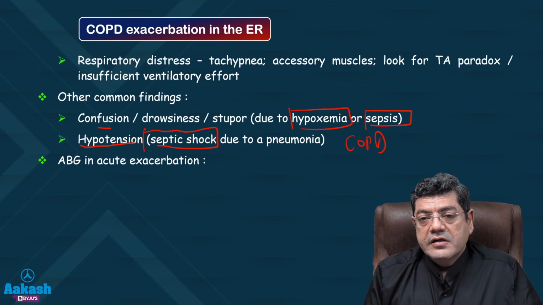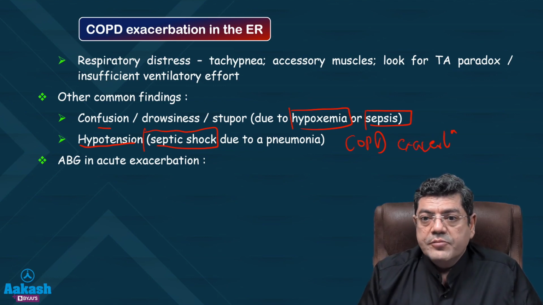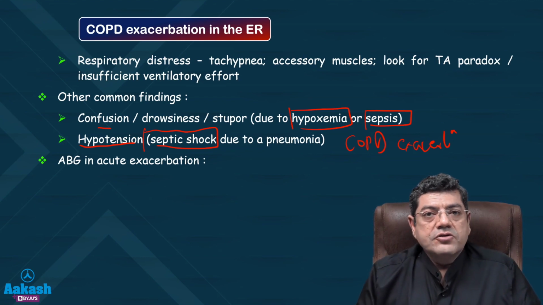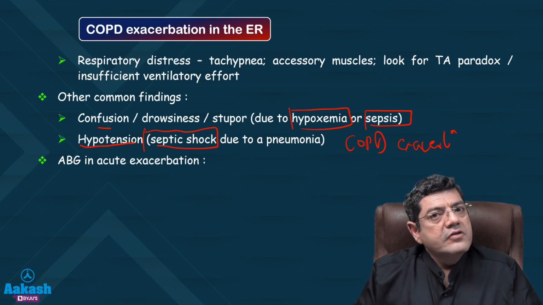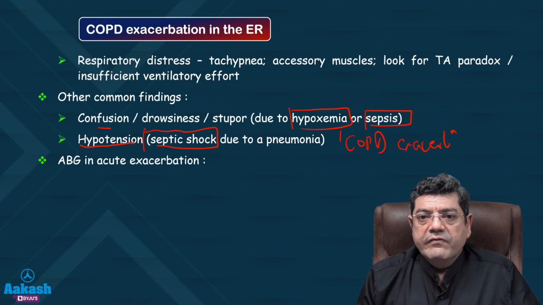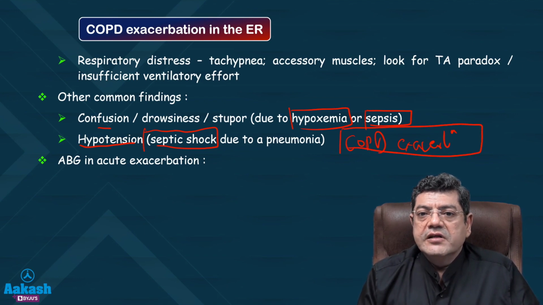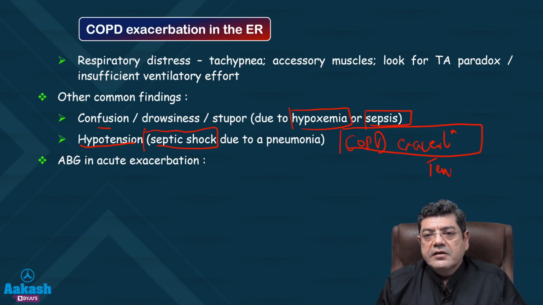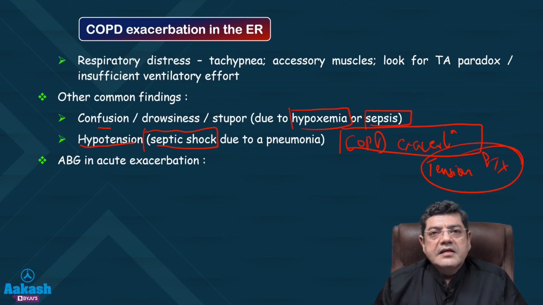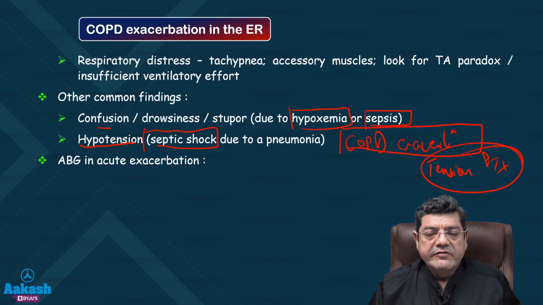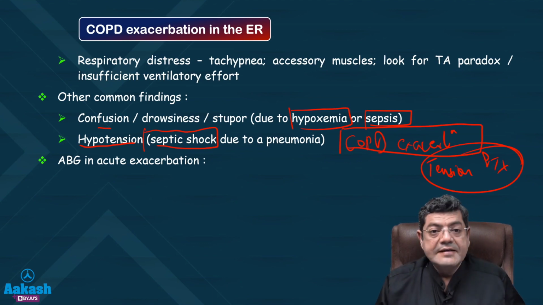So, one reason for COPD exacerbation with shock or hypotension is a septic shock with an LRTI. Can you think of any other reason? Even more immediately life-threatening is a tension pneumothorax, right? That's another cause, and we discussed that when we discussed pneumothorax, right?